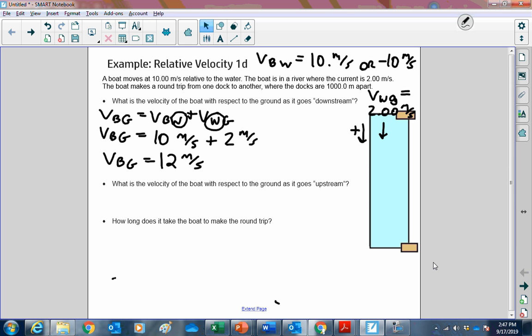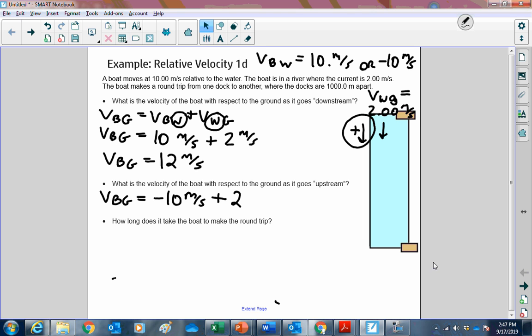And then when it goes upstream, I've defined my coordinate system as down being this direction, so now I've got to go negative 10.